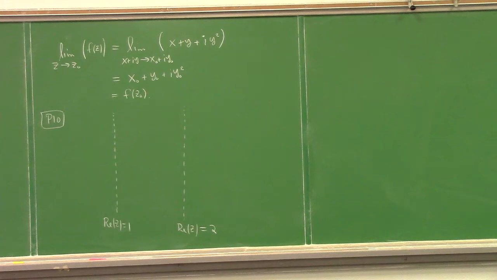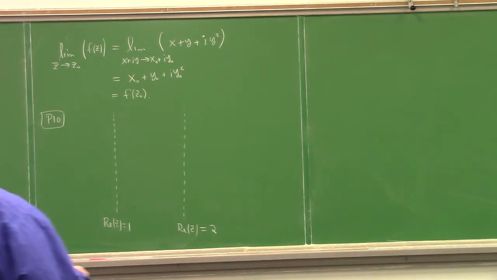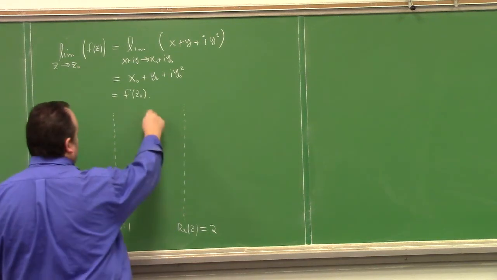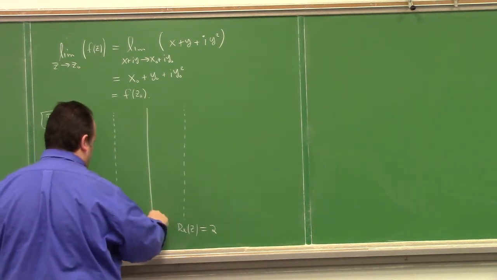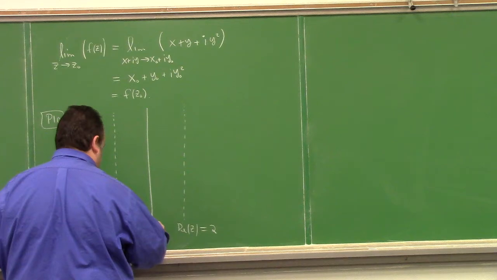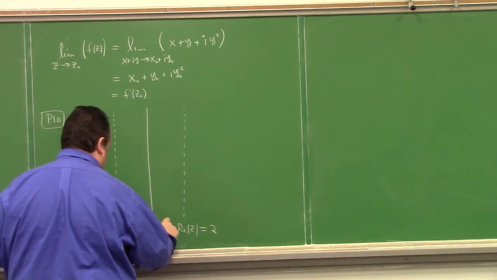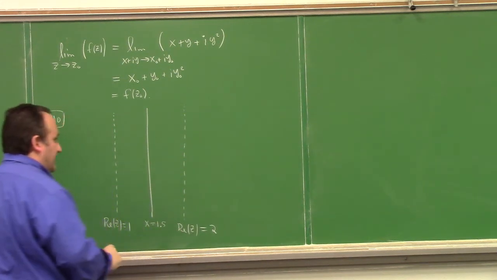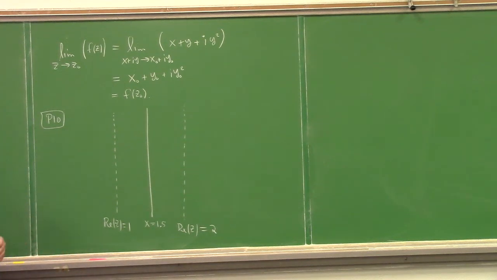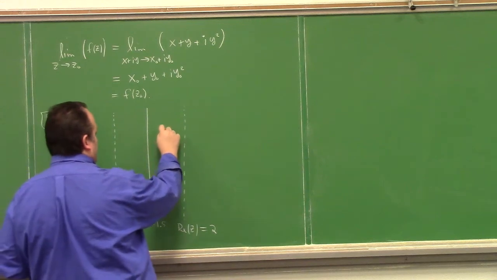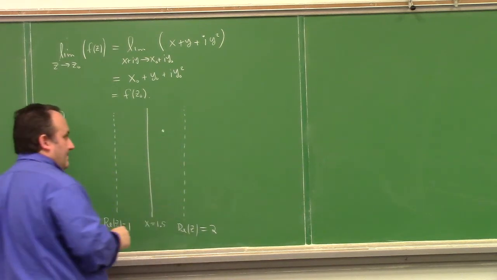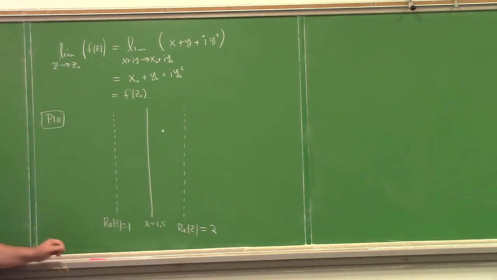But suppose we want to be more rigorous. The center line is here, x equal to 1.5. You want to pick a point, like here, and then draw a disk around it.